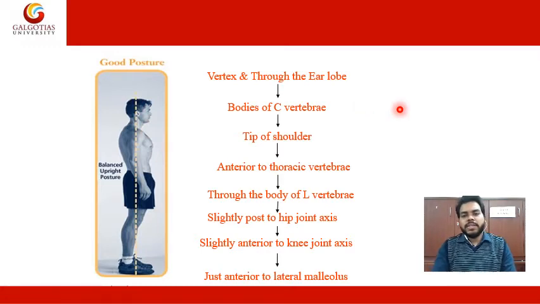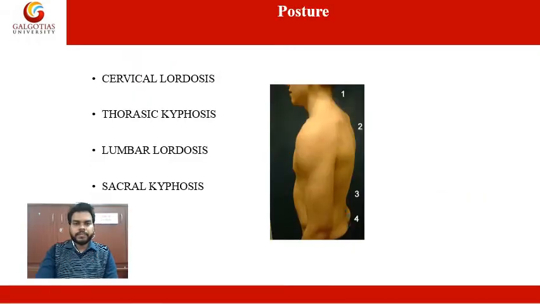It passes through the bodies of the cervical vertebrae, the tip of the shoulder, anterior to the thoracic vertebrae, through the bodies of the lumbar vertebrae, slightly posterior to the hip joint axis, slightly anterior to the knee joint axis, and just anterior to the lateral malleolus.